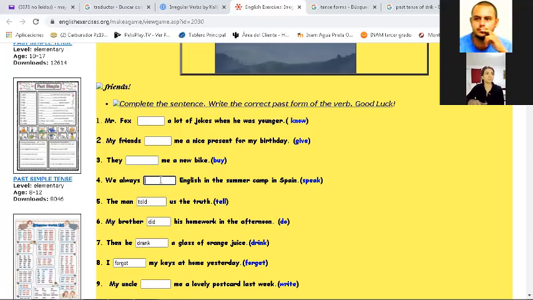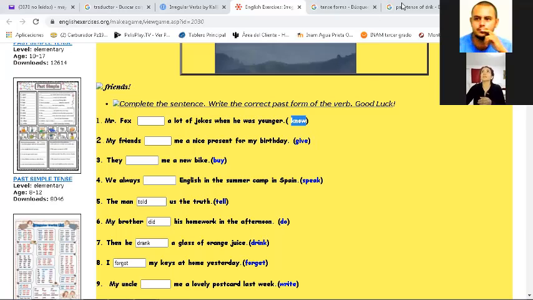Okay, let's practice. Here we have the base form of the verb, or the present simple of the verb. So what you have to do is go to Google and look for the past form of this verb.